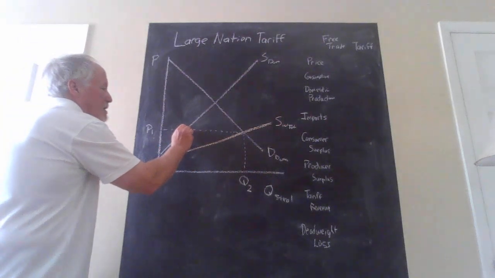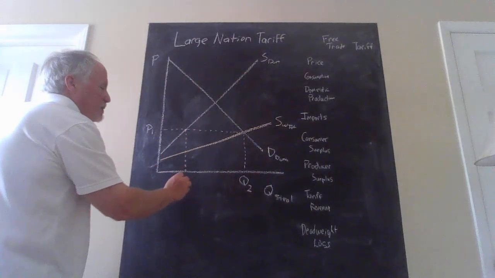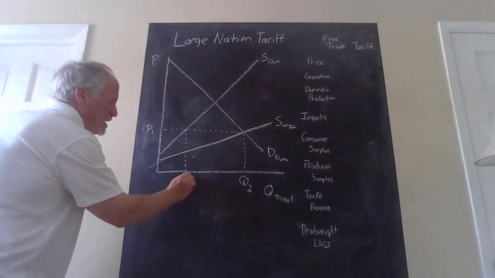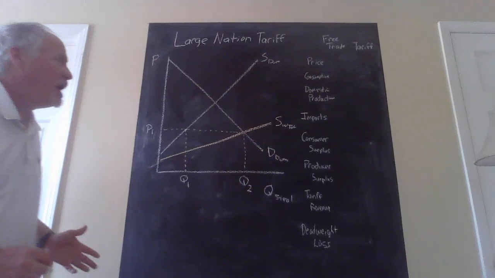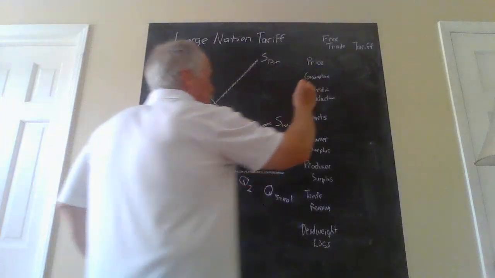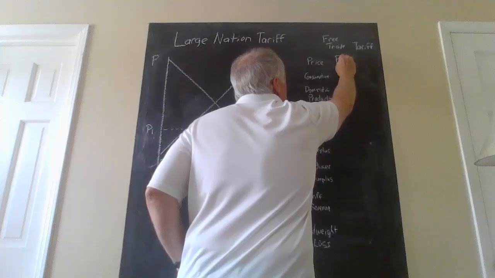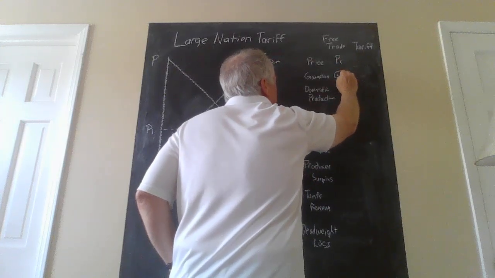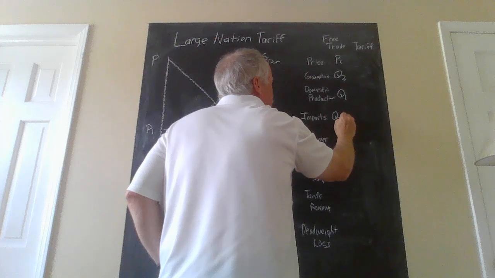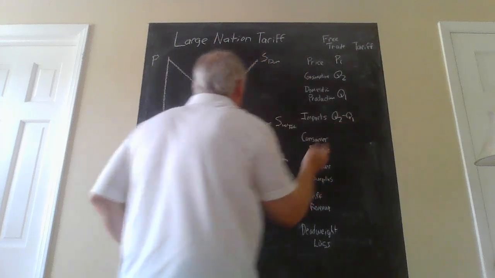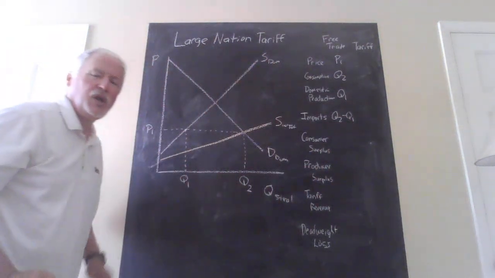We take the price here off the domestic supply curve, and that gives us the quantity that domestic suppliers would want to supply. And so that would give us the start for the free trade equilibrium of P1. Consumption would be Q2, domestic production Q1, and then the imports would be Q2 minus Q1. And so this would be the amount of imports with free trade.